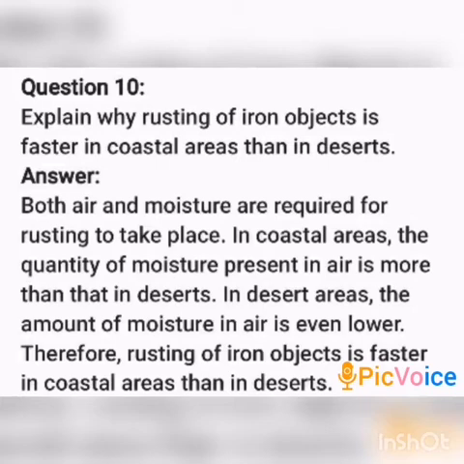Therefore, rusting of iron objects is faster in coastal areas than in deserts. In coastal areas, the quantity of moisture is very large, so iron easily gets rusted. But in a desert, the moisture content in air is low.